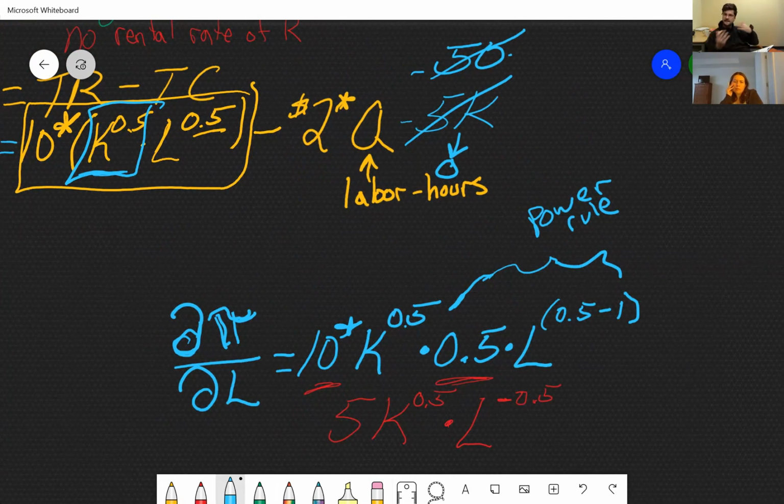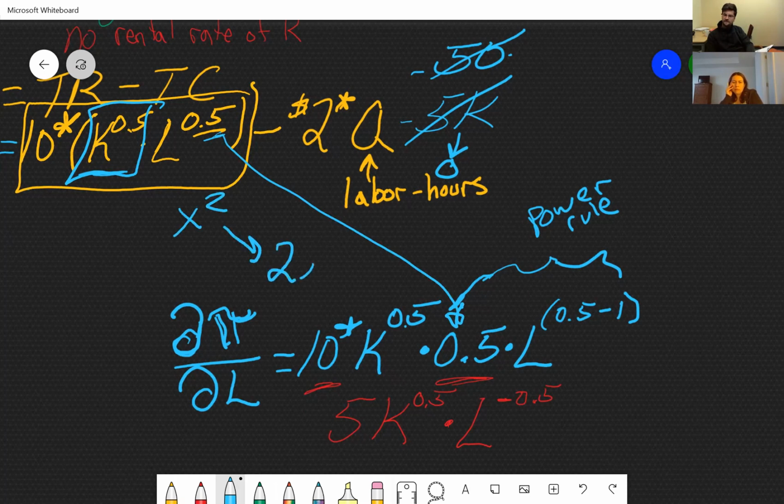So after we take the derivative, we assess and say, okay, we've got this 0.5 that came from right there because of our power rule. When we have x squared, the derivative of that is 2x to the 1.